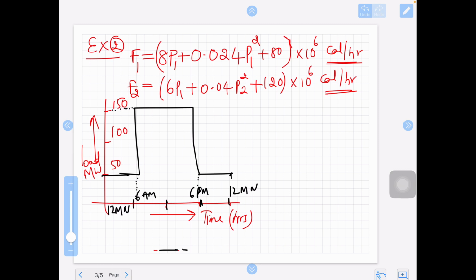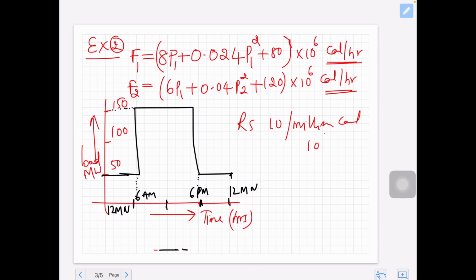These are the equations. Also, the cost of the fuel is rupees 10 per million calories. Million means 10 to the power of 6.